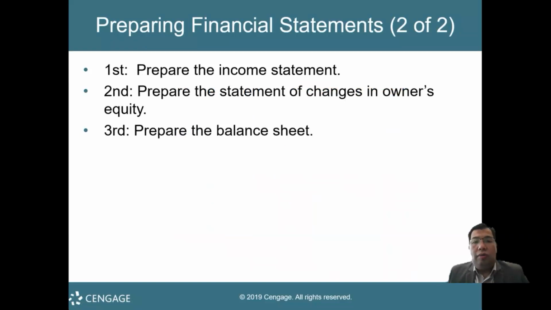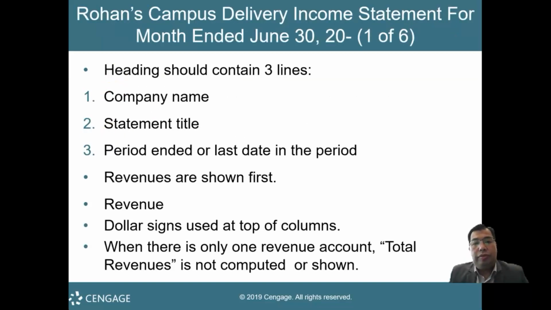From this process, I want you to prepare the income statement, second, the statement of changes in equity, and finally the balance sheet. So three statements, the important statements prepared from the worksheet.